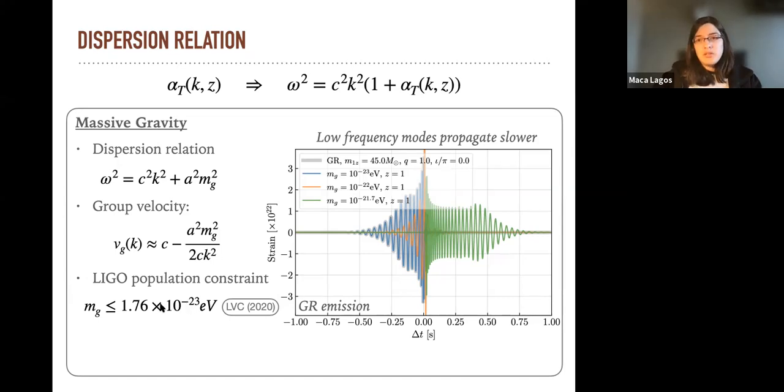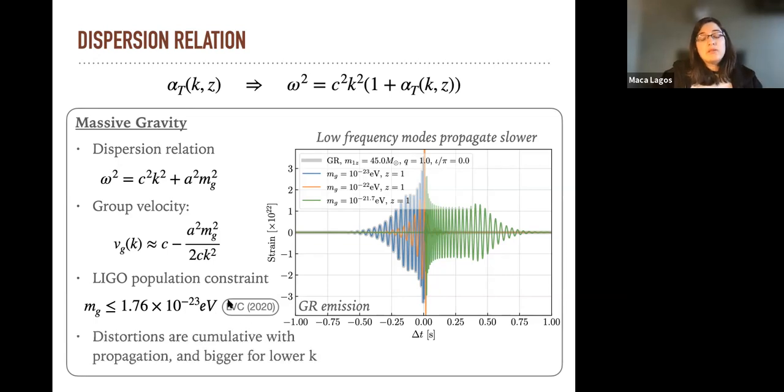And this is a very good constraint, actually. It is competitive because model independent constraints imposed in the solar system for what the mass of the graviton could be are actually a little bit worse than this. So this is actually one of the best constraints for this model independent massive gravity scenario.